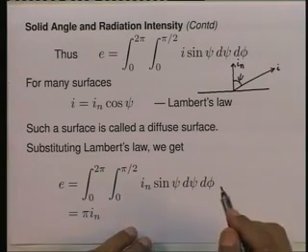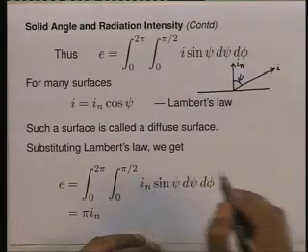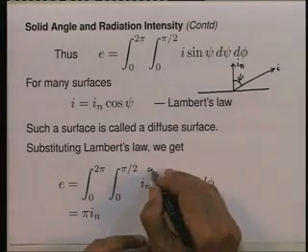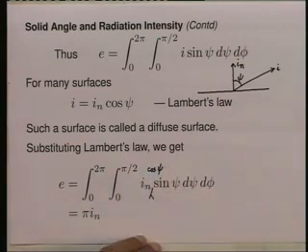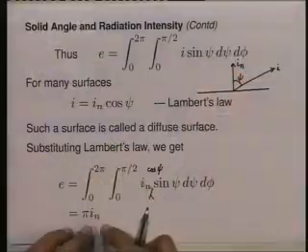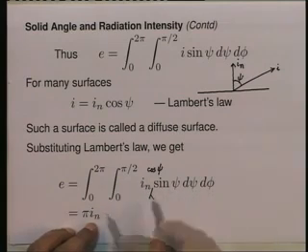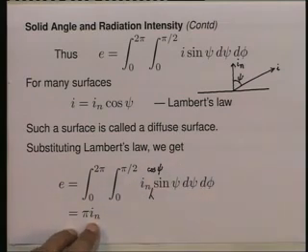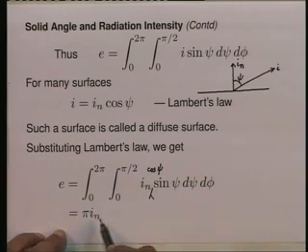We should have had I n into cosine of psi into sine of psi into d psi d phi. Now that is correct. If you take the I n outside and perform the double integral over psi and phi, it is very easy to show that you will get pi. So the net result of the integration is E is equal to pi times I n.